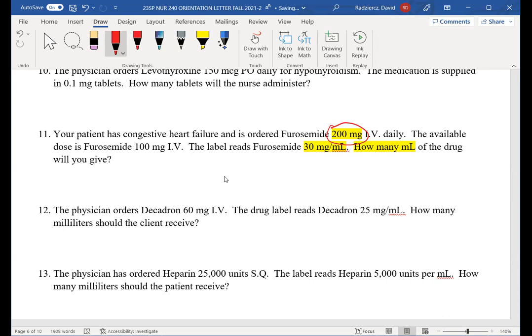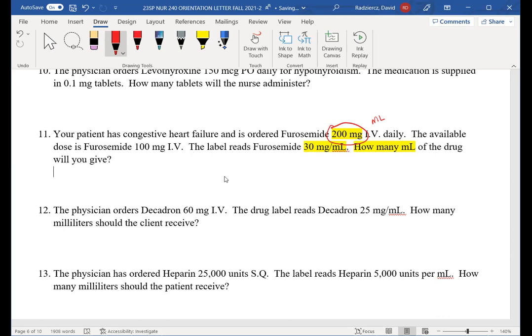Because it tells you, oh, I have 100 milligrams of furosemide, but I don't know the strength in order to calculate the volume. Because when you see IV, you already know that you're looking for milliliters, right? Even if it doesn't tell you how many milliliters of the drug, you would know that you're looking for milliliters because IV, SC, IM is going to be delivered via milliliters.